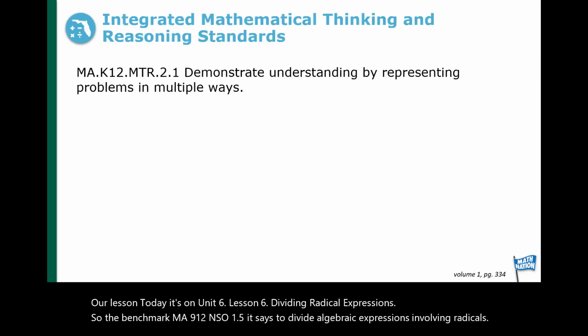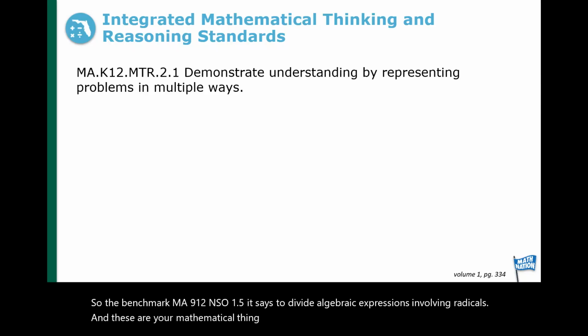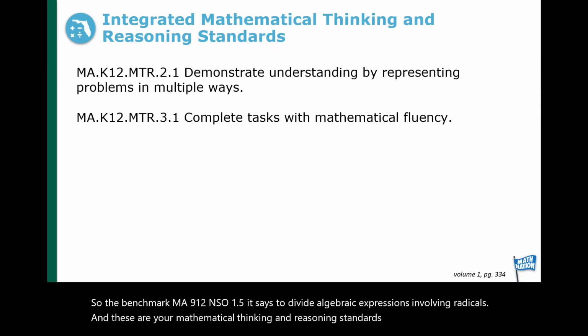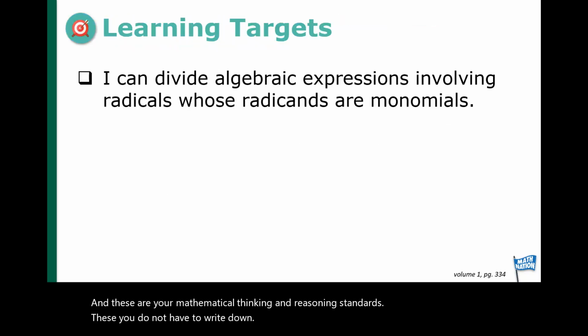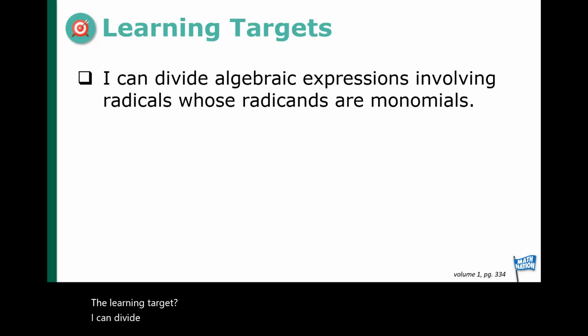And these are your mathematical thinking and reasoning standards. These you do not have to write down. The learning target: I can divide algebraic expressions involving radicals whose radicands are monomials. And monomials simply means one term.